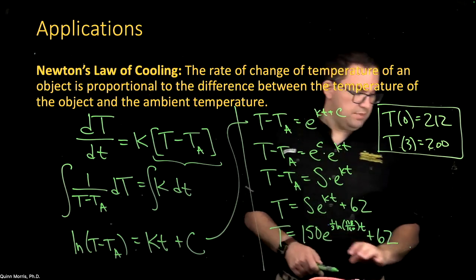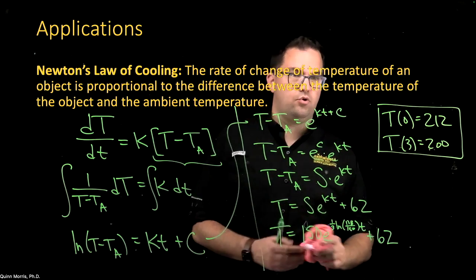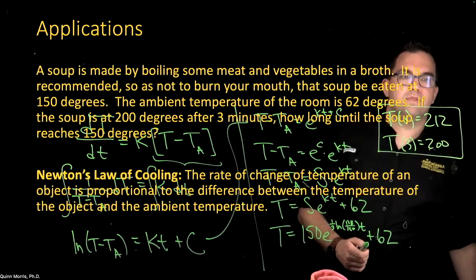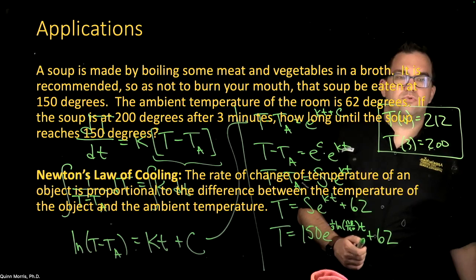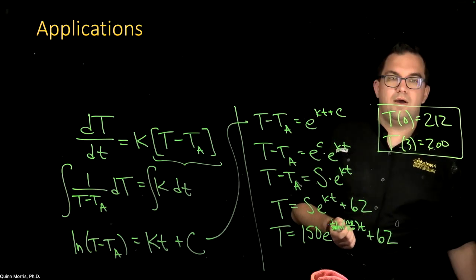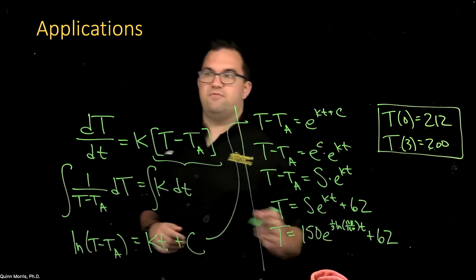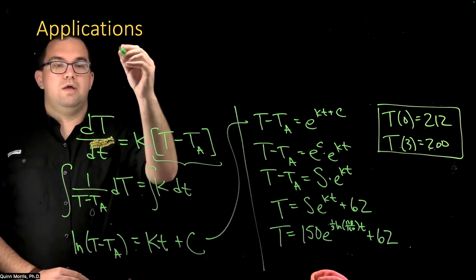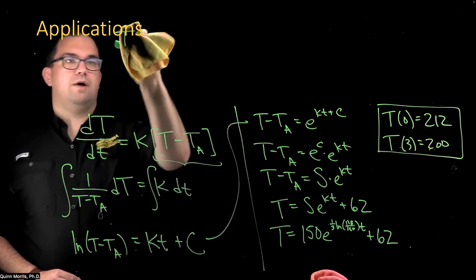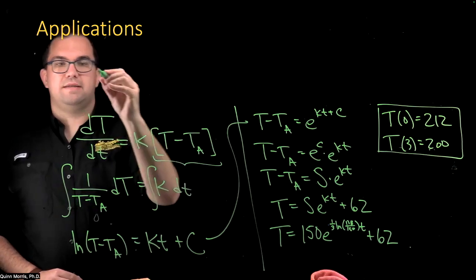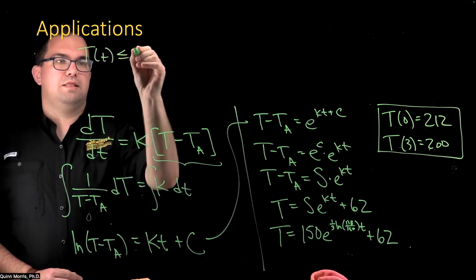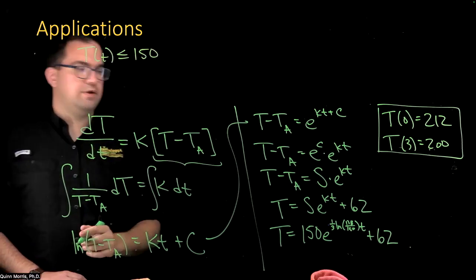Okay. Now, if I go back to that original question, which might be hard to see when I flip over here, the original question was basically how long until the temperature reaches 150 degrees? Well, now I can do something very similar to what I did before. I can say, I want to know at what time will my temperature T of t be less than or equal to 150 degrees.